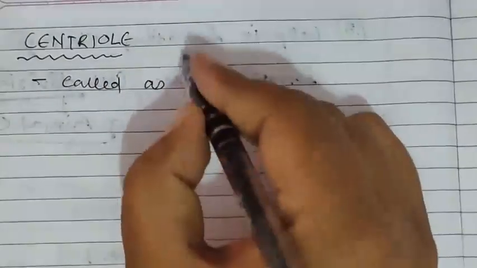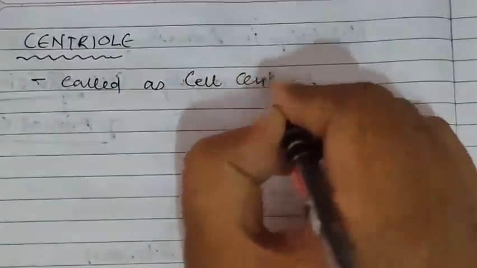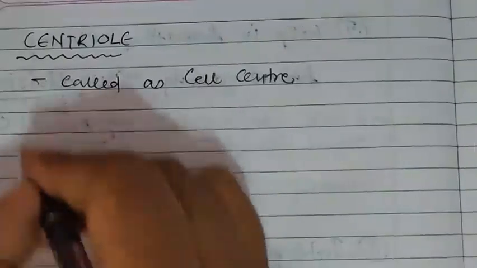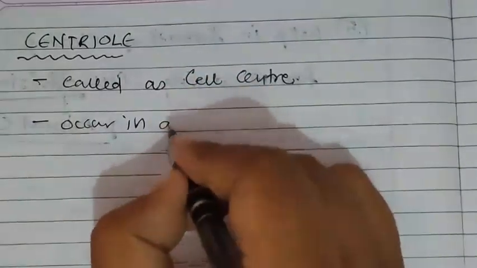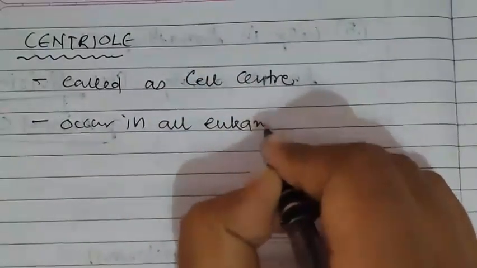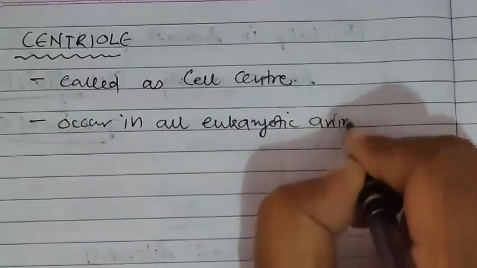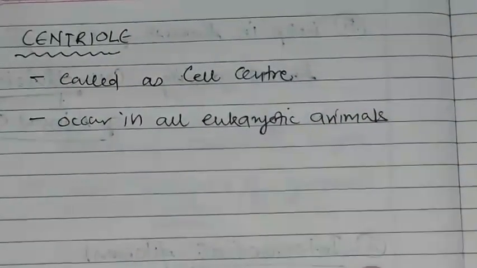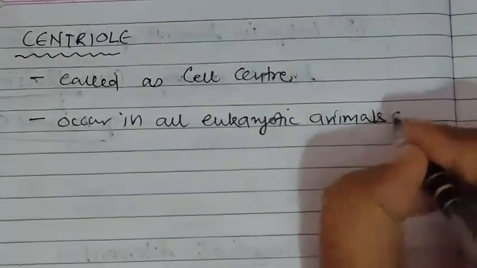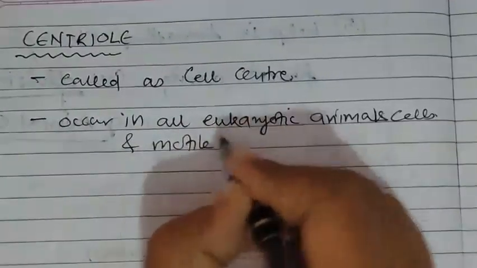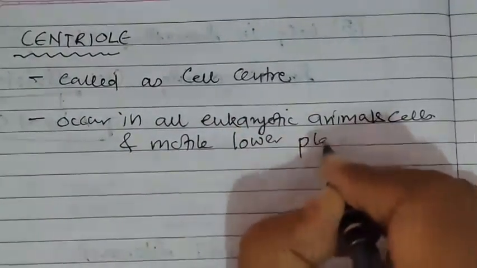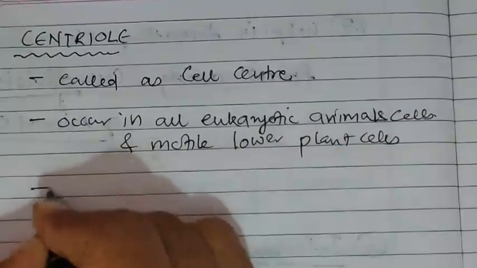centriole. Centrioles are called the cell center. Centrioles occur in all eukaryotic animal cells and motile lower plant cells.